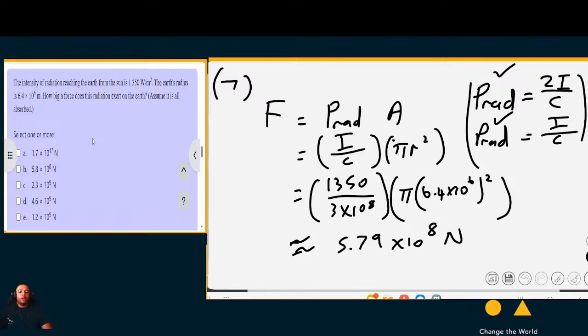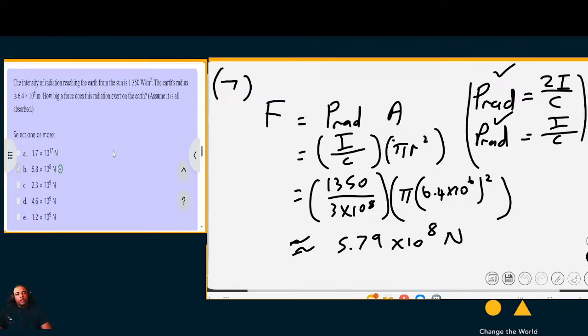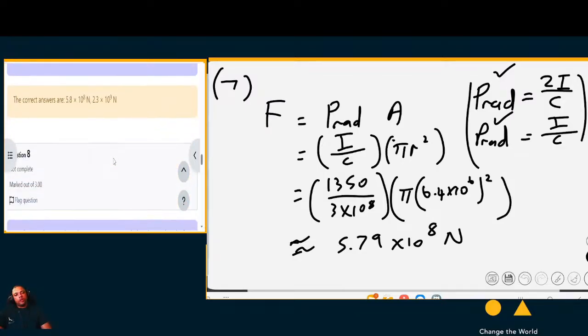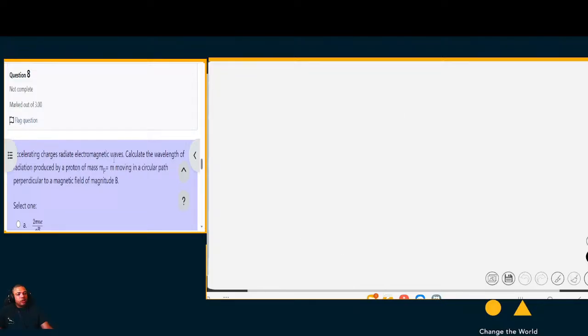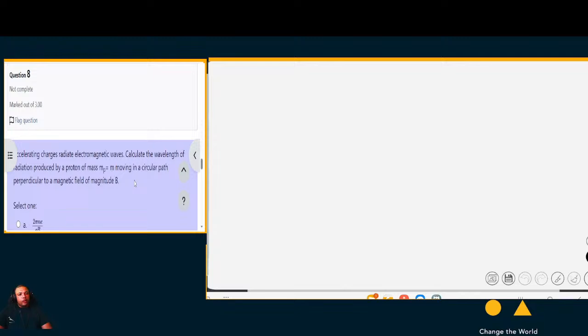That is what we got, 5.79, or rather 5.8 times 10 to the 8 newtons. If the Earth is a perfect absorber of solar radiation, that's how much force is on the Earth. So every time the sun shines, it imparts that force to the Earth.